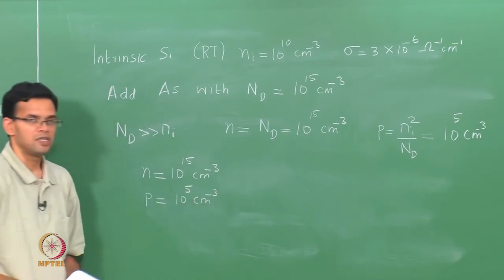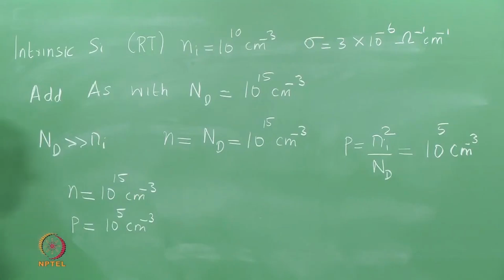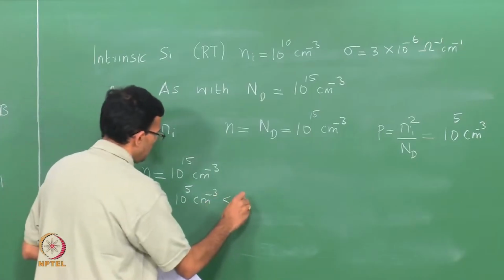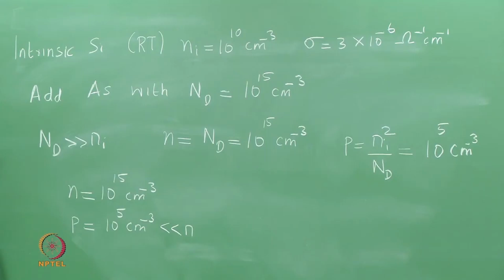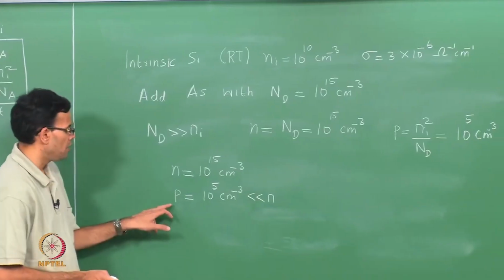So, P is 10 orders of magnitude less than N. By doping your silicon with arsenic, which is an n-type dopant, you have preferentially increased the concentration of electrons by 10 orders of magnitude compared to holes.